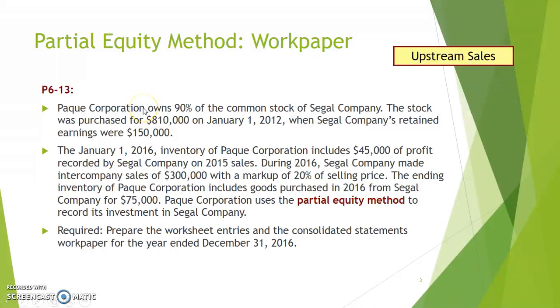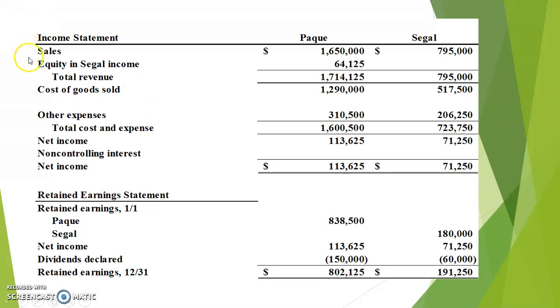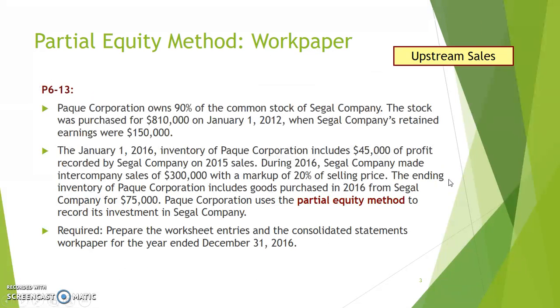This adjustment in the investment account has been as a result of the changes in equity over the years using the partial equity method. Under the partial equity method, you will also note the equity in Seagull's income of $64,125, which would represent 90% of the net income of Seagull, because the company acquired 90%.